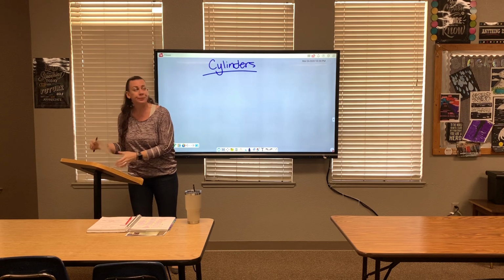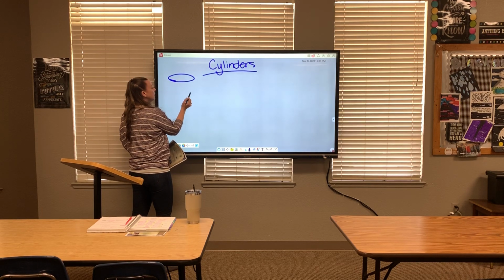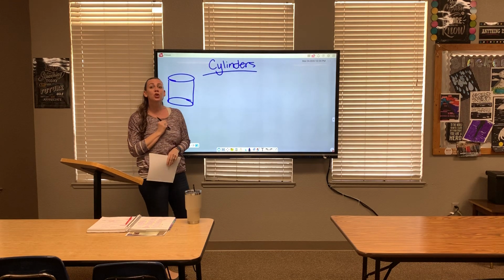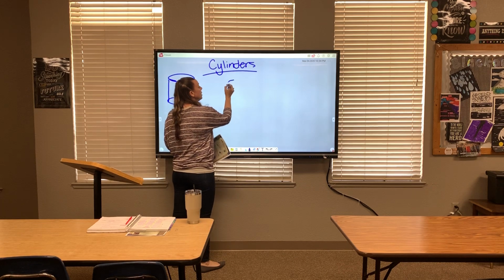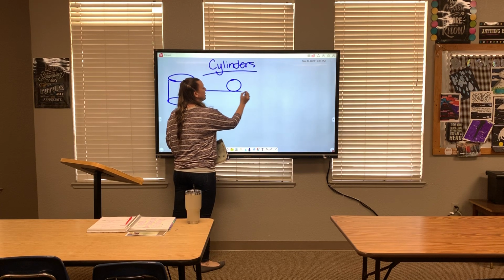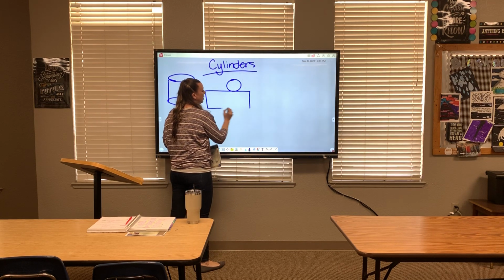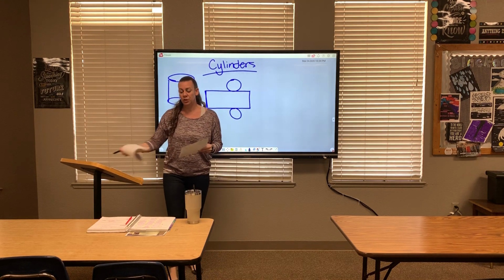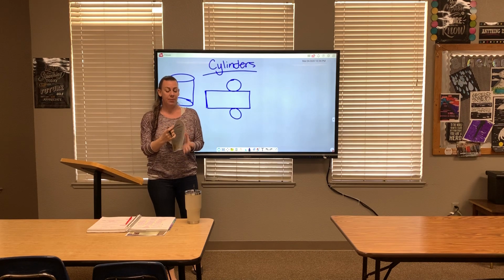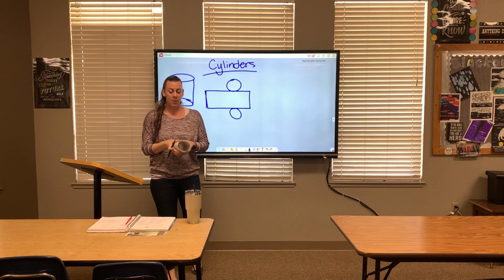So a cylinder, you have two circles as your bases, right? Now if you were to draw the net, you know the top and the bottom of the cylinder are circles. So a net for a cylinder is a rectangle with two circles on top. So just like if I were to take this paper and I were to roll it up, it would look like a cylinder.